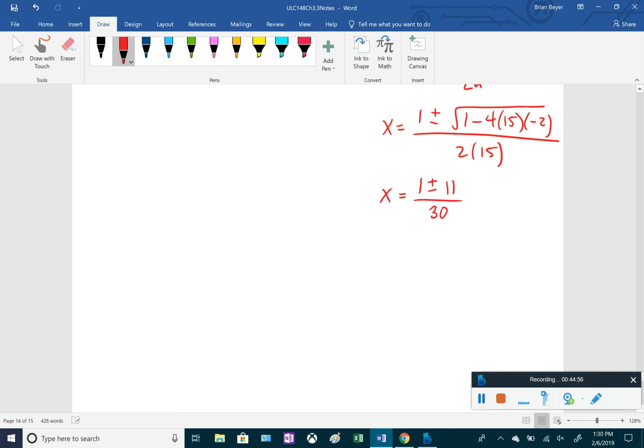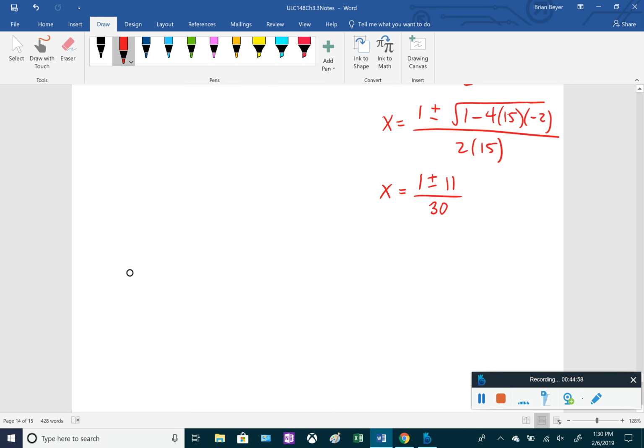So we're going to do 1 plus 11 divided by 30 and 1 minus 11 over 30. This is going to give us negative 1/3 if we simplify it, and 2/5. So 1 minus 11 is negative 10. Negative 10 over 30 is negative 1/3. 1 plus 11 is 12. 12 divided by 30 ends up being 2/5.